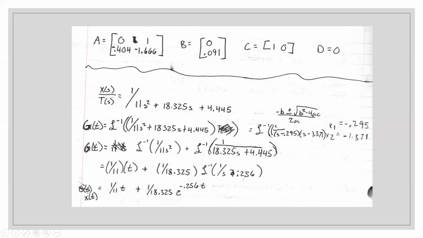And then I took a 1 over 18 out, and we get s plus 0.256 after we divide this by 18.325. And the inverse Laplace of that is equal to e to the negative 0.256 t, because this is similar to 1 over s minus a, and then you get e to the at. Sorry, a would be negative 0.256.